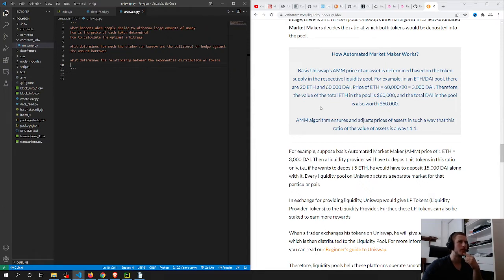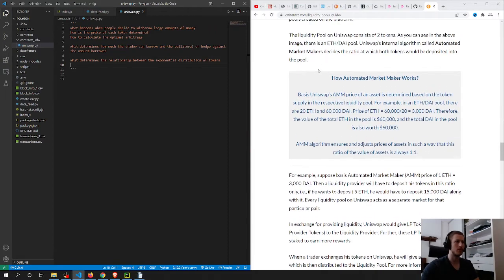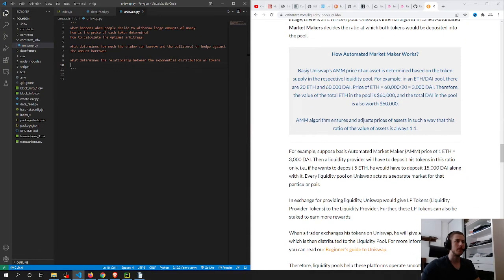But then how do you decide which tokens are gonna be in favor of the other ones? That's the thing. Maybe I'm not understanding it right, but at least from where I am right now, that's how I'm thinking about it. In Uniswap's AMM, the price of an asset is determined based on the token supply in the respective liquidity pool.